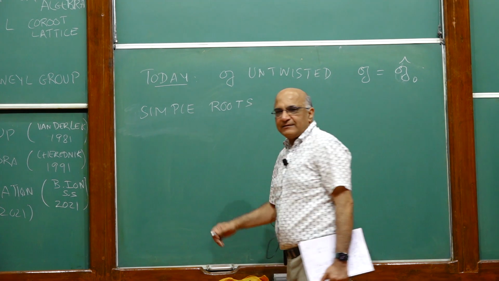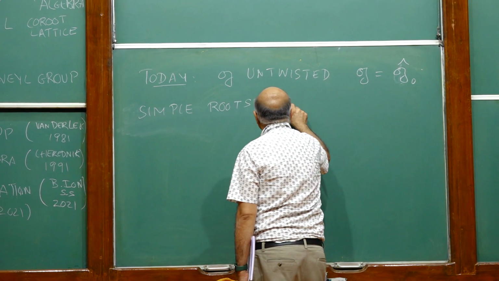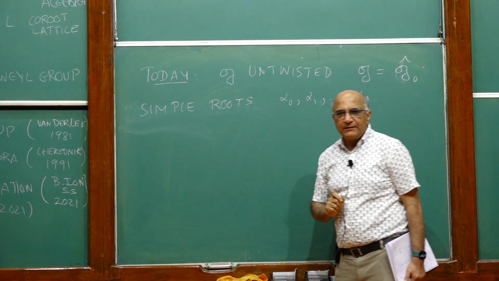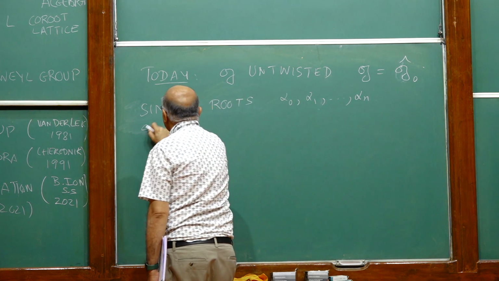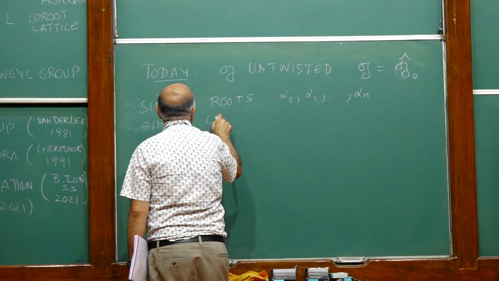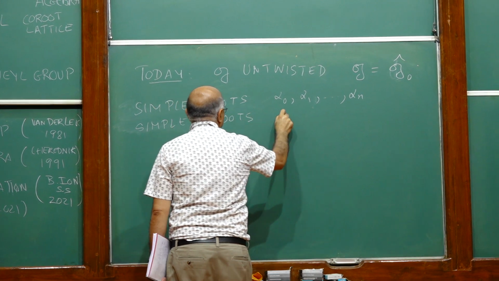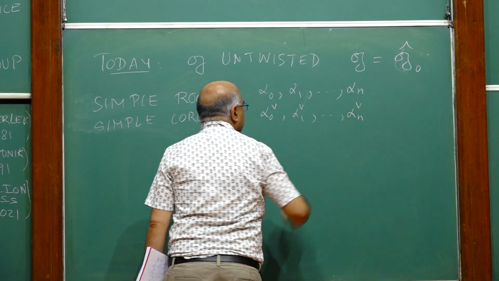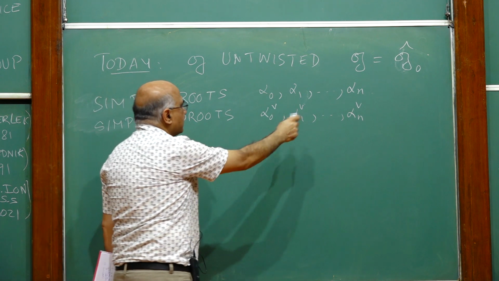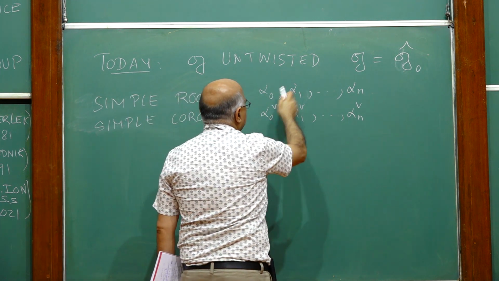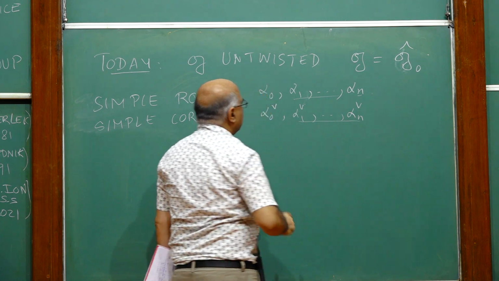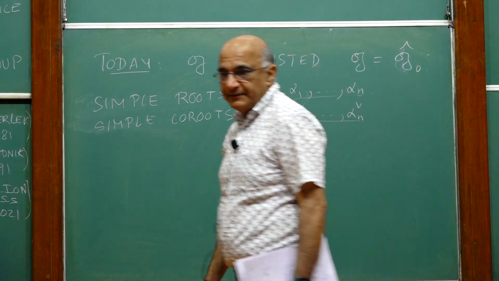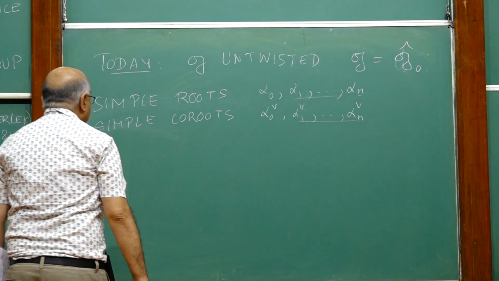All right, so let's fix some simple roots, alpha 1, and simple co-roots. The usual convention is that these are the simple roots and co-roots of G0 if it's untwisted.